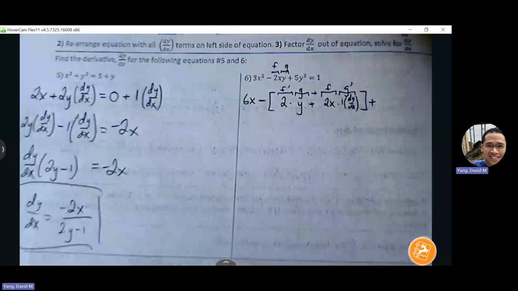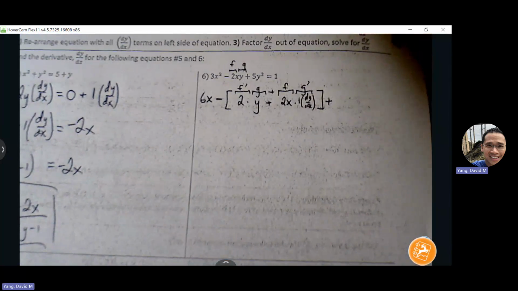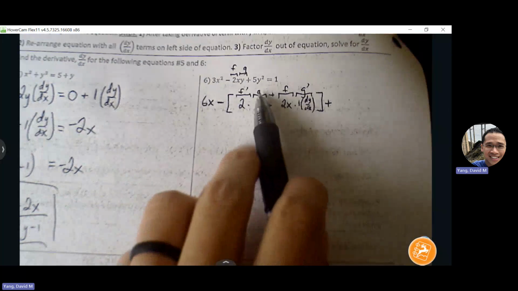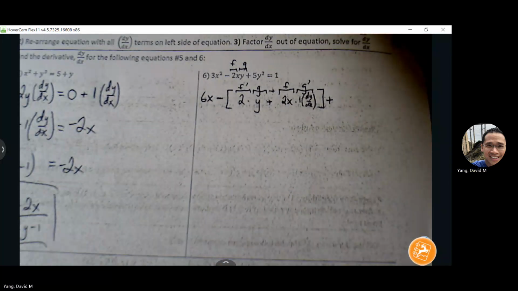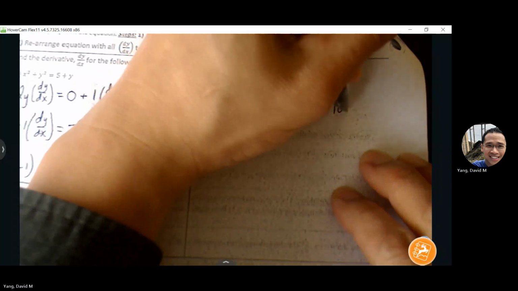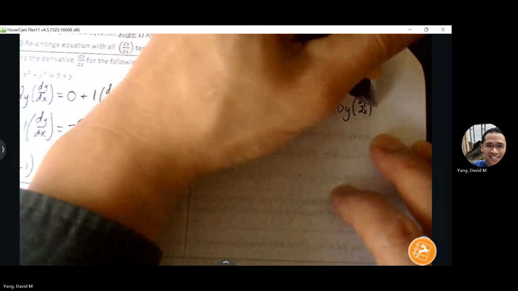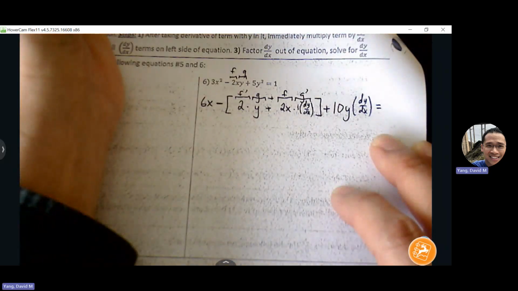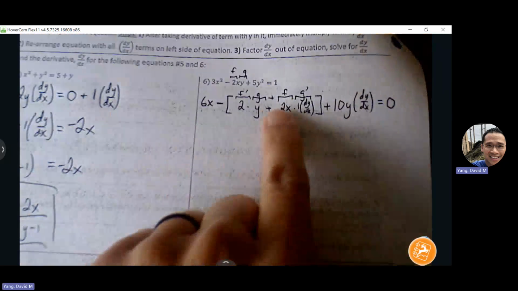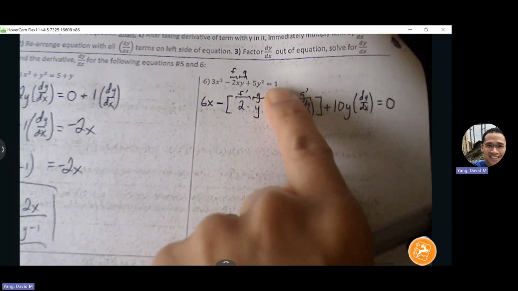Okay, so now we're out of product rule. We can clean that up later. Let's keep going though. 5y squared becomes 10y dy dx. And then 1 goes to 0. Yeah, I think a lot of times we forget that the 1 is also impacted.